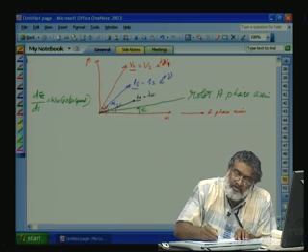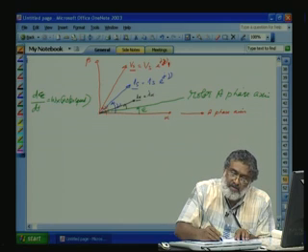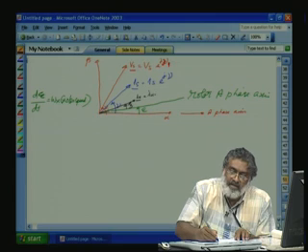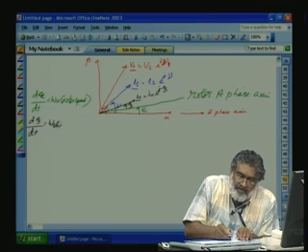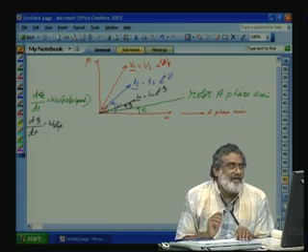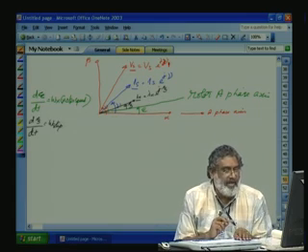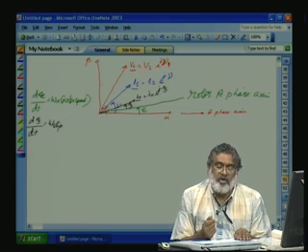With respect to the rotor axis, IR is equal to e raised to j theta, where d theta by dt is equal to omega slip. Okay, but theta is the angle. We are always measuring the angle. And there is no rotor excitation voltage, because the rotor is short circuited.